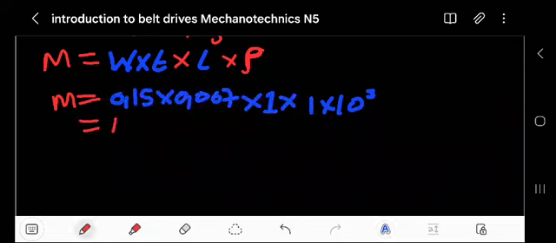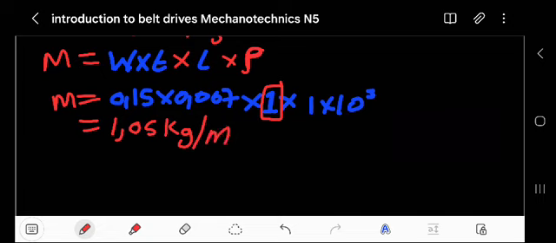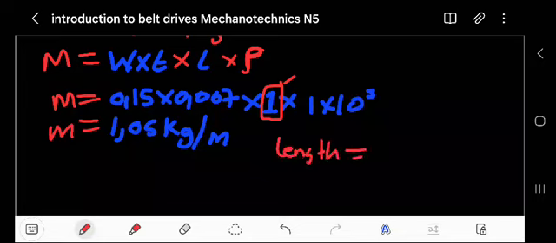Then our mass will be 1.05 kg. But remember, it must be per meter length, so the mass will be 1.05 kg per meter, because we've considered the length to be 1 meter.